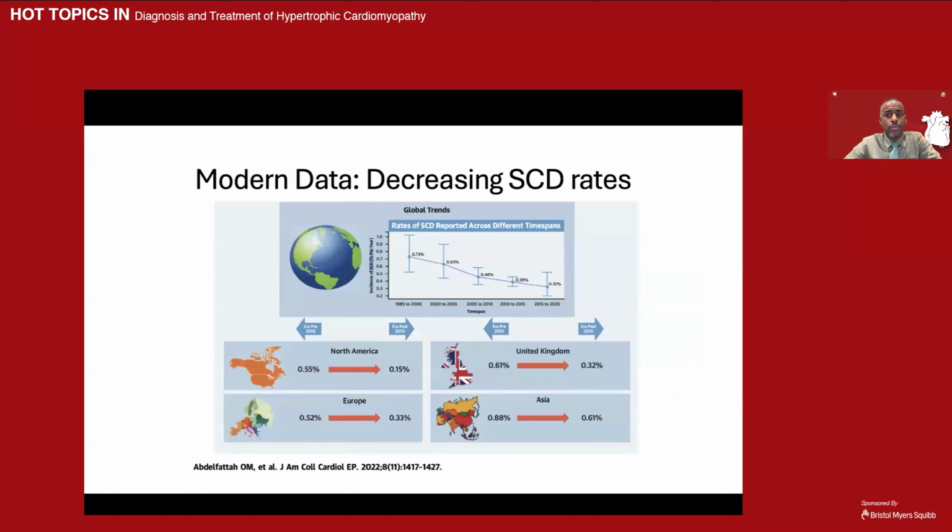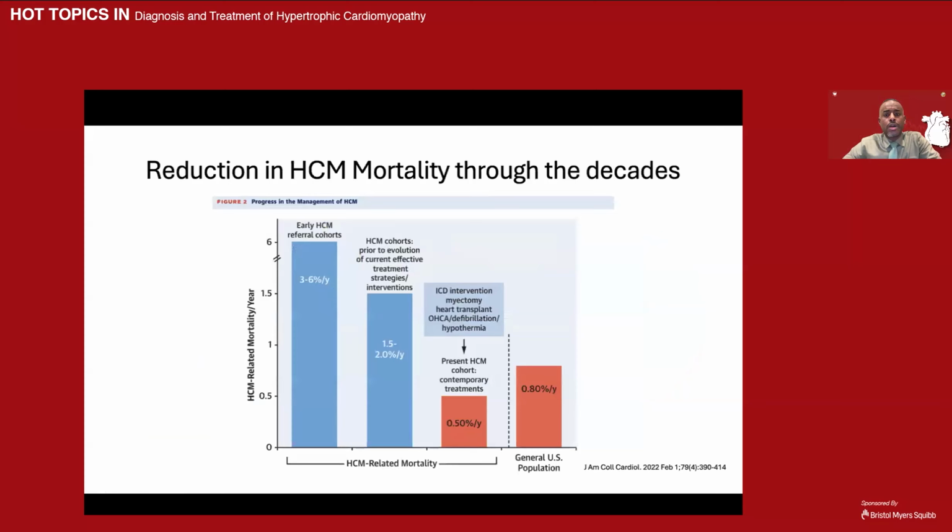Now, with time, we're doing much better in terms of the sudden cardiac death rates worldwide, a significant reduction throughout, including in Asia, United Kingdom, North America, and Europe with time. This is data over more than 20 years' time. And we're doing better in terms of the hypertrophic cardiomyopathy mortality in general.